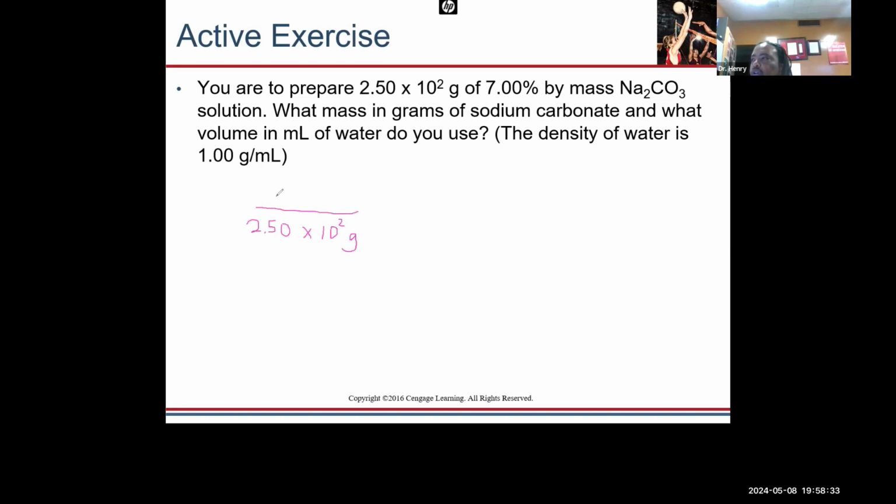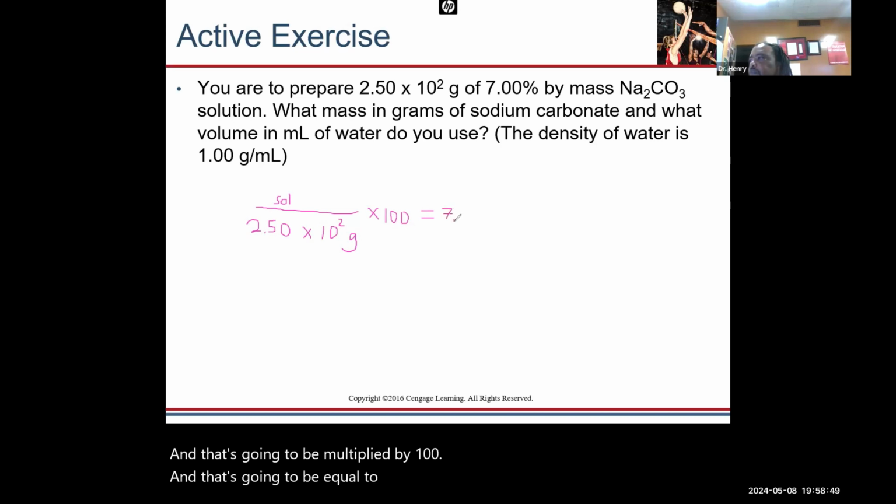We want to find our solute, so we're going to put sol for short for our solute. And that's going to be multiplied by 100, and that's going to be equal to 7.0%.